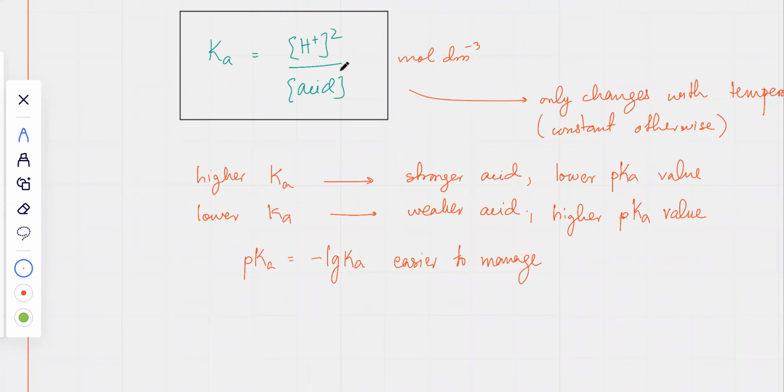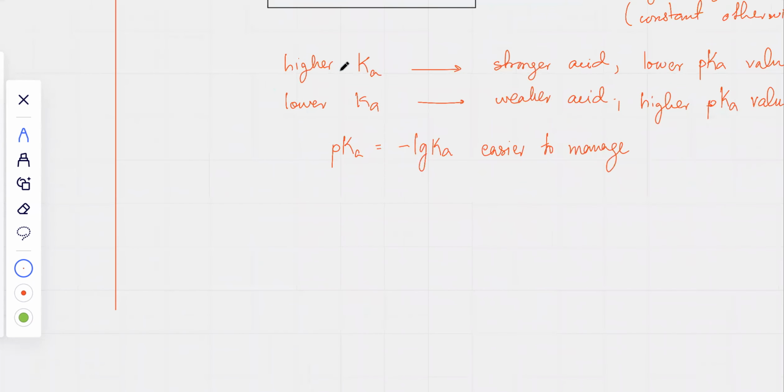So we're going to do one question. Let's say I've got 0.15 mole per dm cubed of ethanoic acid, and I know the Ka value of ethanoic acid.